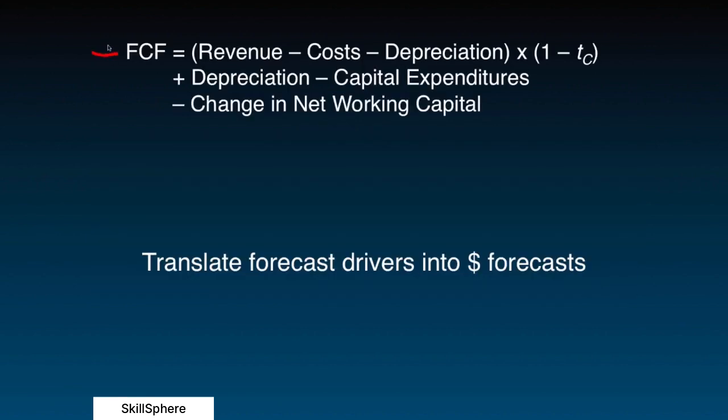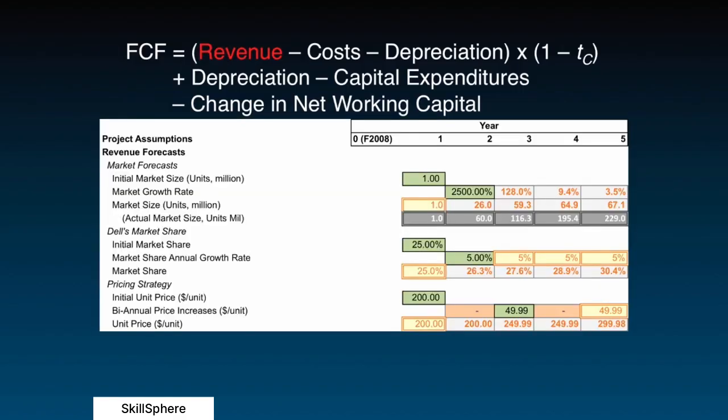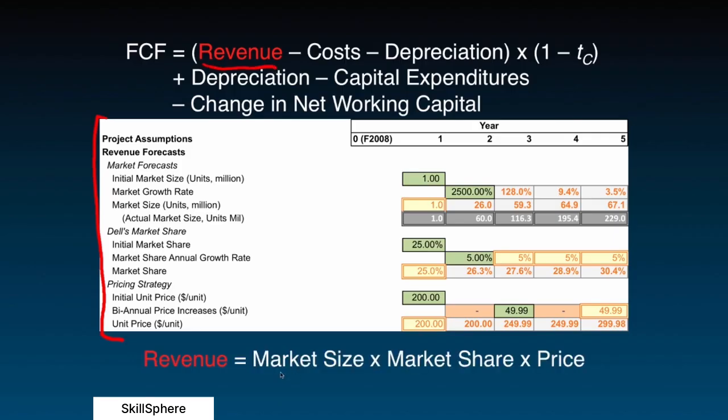So here's our free cash flow formula. And again, the goal today is to translate the forecast drivers into dollar forecasts. As a brief reminder, here are our revenue forecast drivers. We're going to start by forecasting the dollar revenues. And we know that revenue equals market size times market share times price.